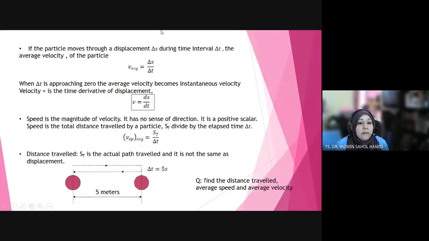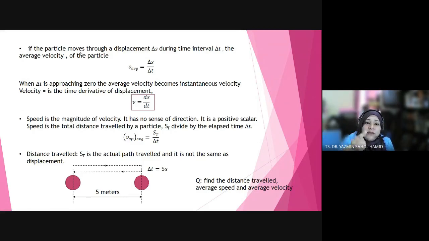If the particle moves through a displacement delta s during a time interval delta t, we can say the average velocity of the particle is delta s over delta t. But sometimes in the question, delta t is approaching zero. It means the time is very, very small.